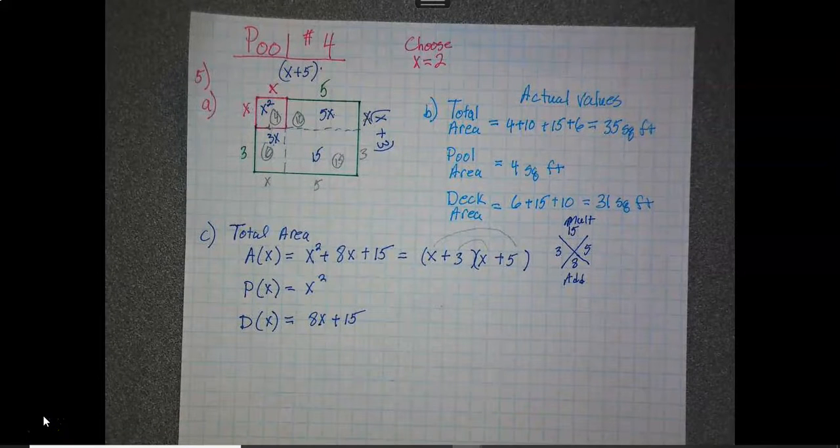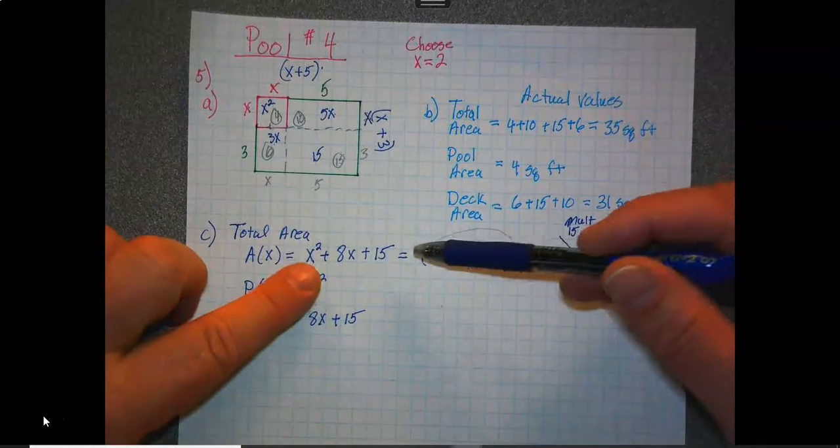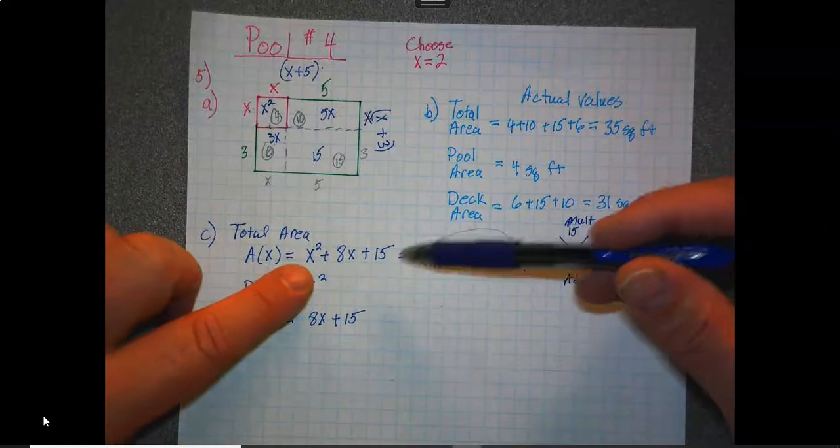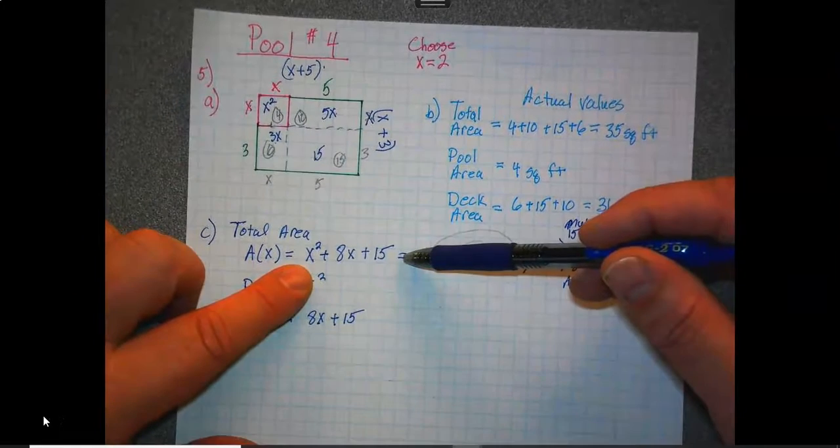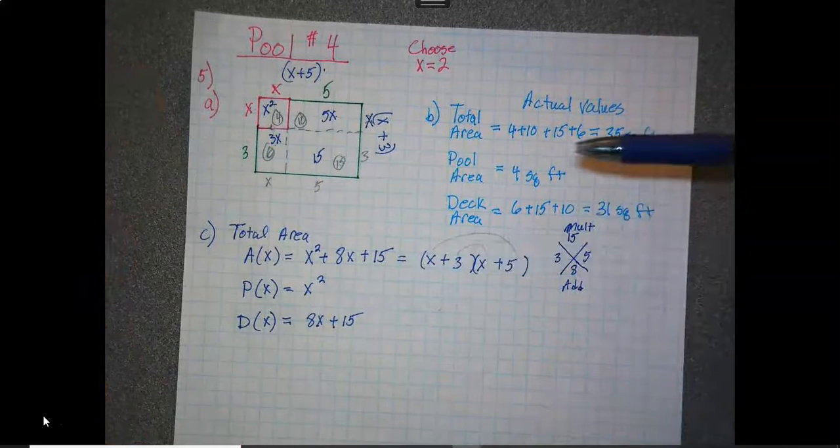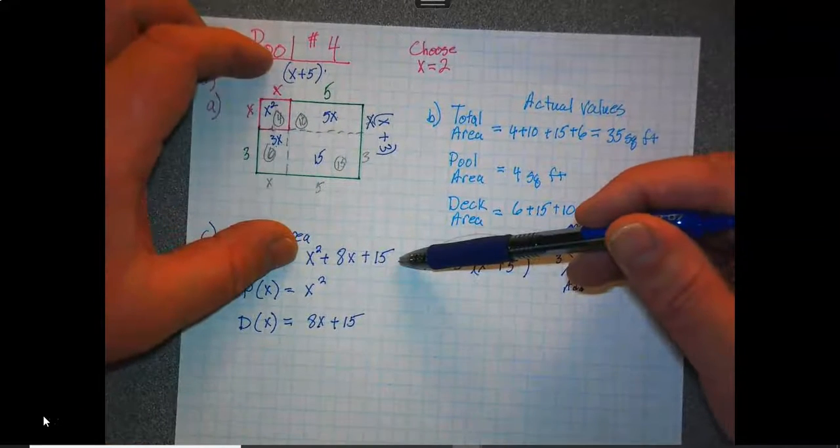Let's see, pool number 4, question number 5. We got through, we made up our function in terms of x. So we got through C, and we learned the whole point of this project was to do a quadratic model, which is what we did here.